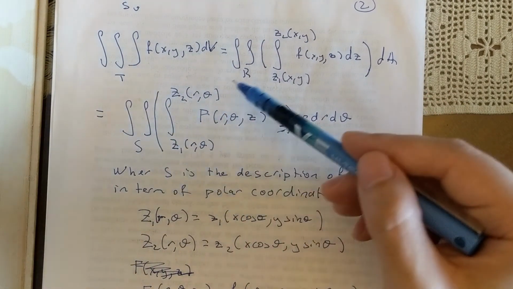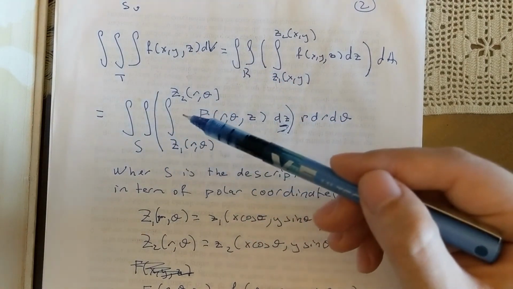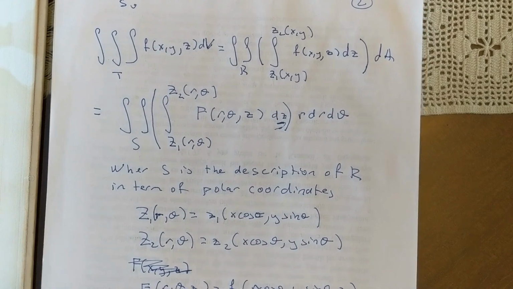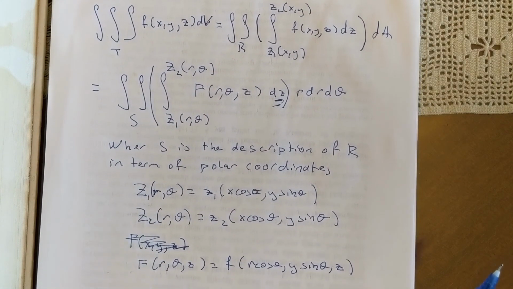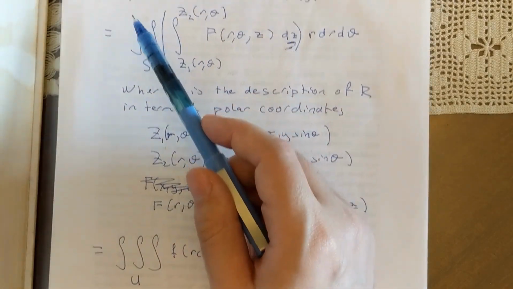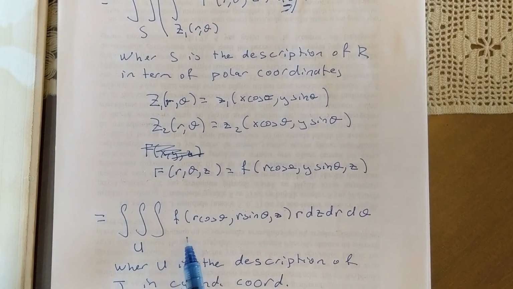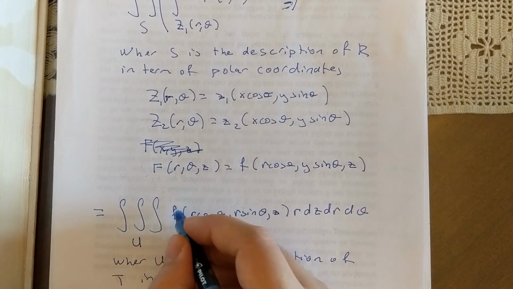And this S is basically the polar representation of this region R. We've done examples of this in triple integrals. So if the cylindrical representation of T is U, the integral is going to turn into the function of r cosine theta, r sine theta, z, where this f, oh sorry, this is big F.